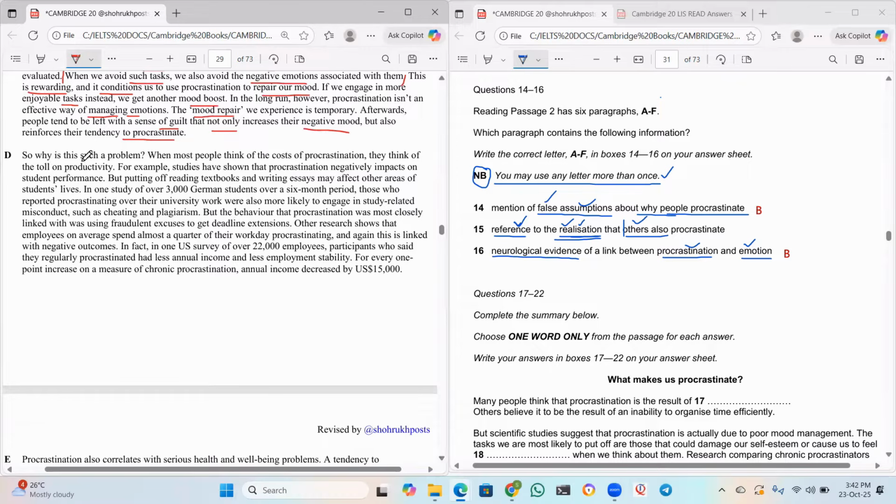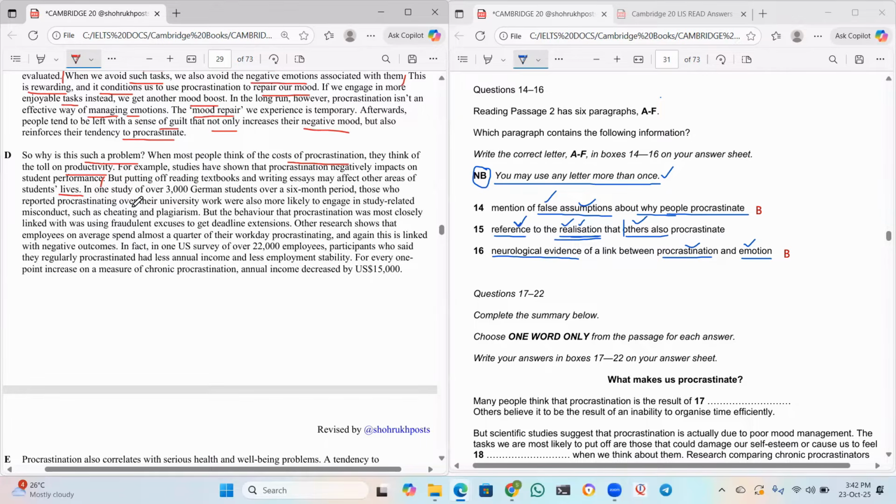So why is this such a problem? When most people think of the cost of procrastination, they think of the toll on productivity. For example, studies have shown that procrastination negatively impacts student performance. But putting off reading textbooks and writing essays may affect other areas of students' lives.